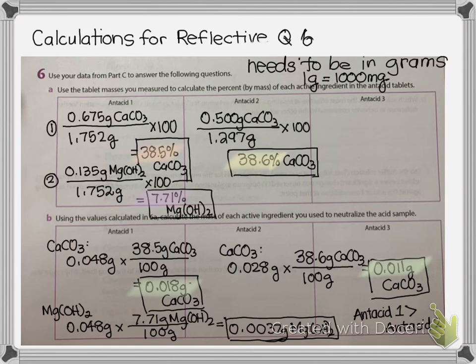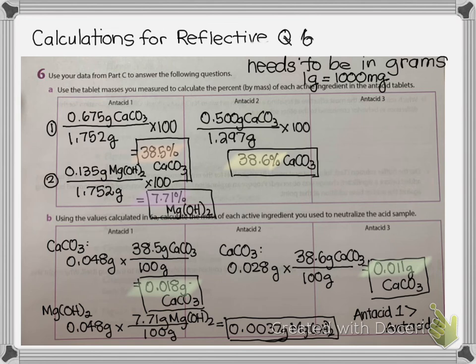Then it wants to know, is that consistent with part D? Your answer could vary, but just think about it. Is it consistent with the data? It's a little different, isn't it? Because antacid 1 has a lower percent of calcium carbonate, but I used more. You'll have to think about it. You might think maybe it's not consistent.